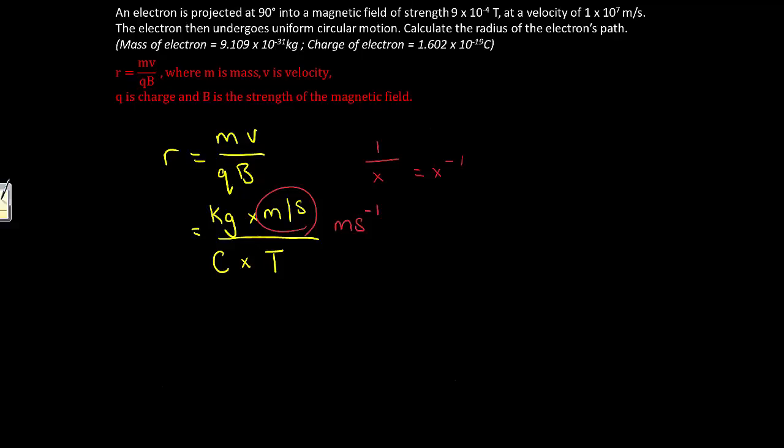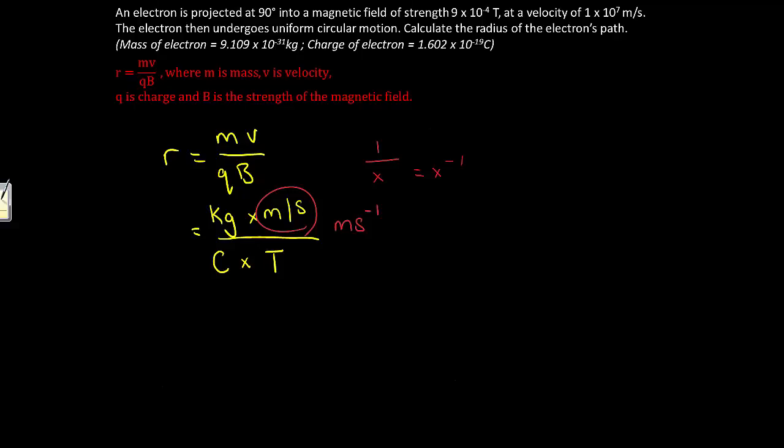The second point I want to make is regarding the units in the denominator of this equation, coulombs and Teslas. Now, coulombs and Teslas are specific units that represent charge and strengths of fields. The problem is we can't resolve these with kilograms and meters and seconds as they are.